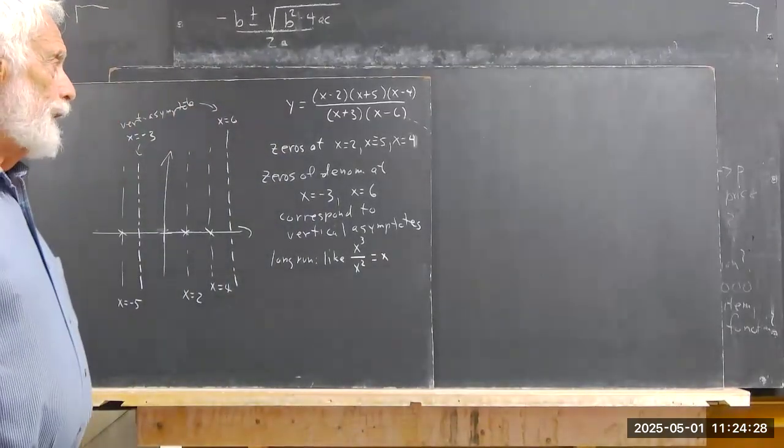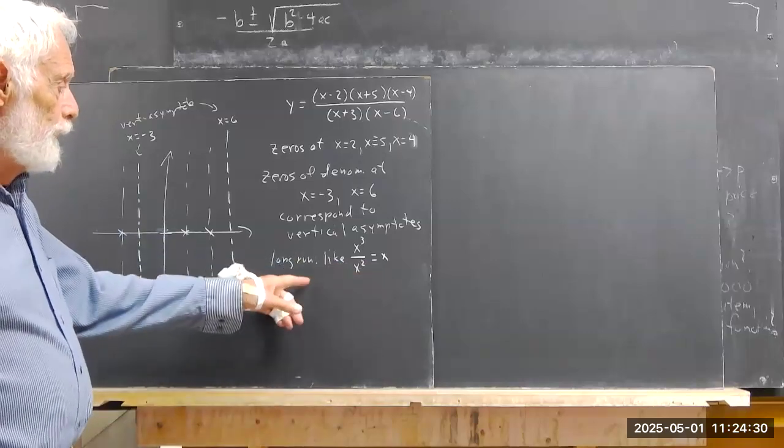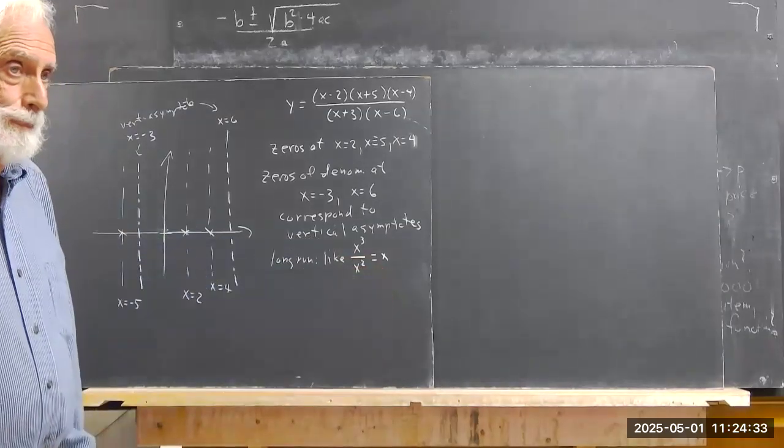Now you do get a slant asymptote in the case where the long run is like x. Okay?